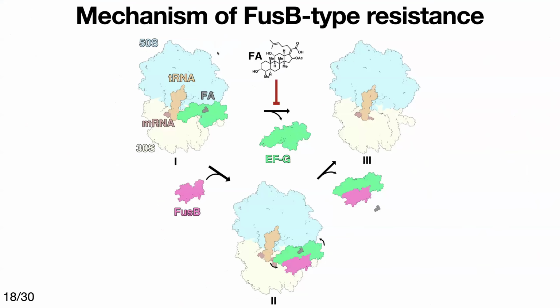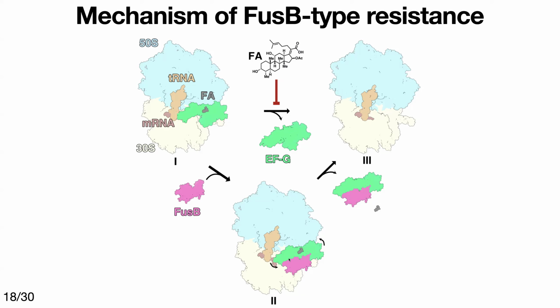So from this, we could explain the mechanism of resistance that was quite unclear before. So as I said, fusidic acid will bind to elongation factor G after translocation and lock it to the ribosome, not allowing it to leave, which it needs to, so new tRNAs can come in and deliver new amino acids. But in this case, in the FusB type resistance, FusB will be expressed.